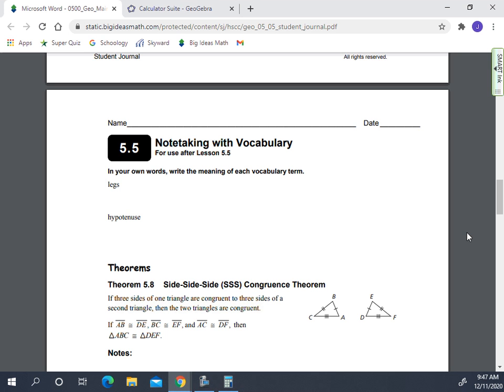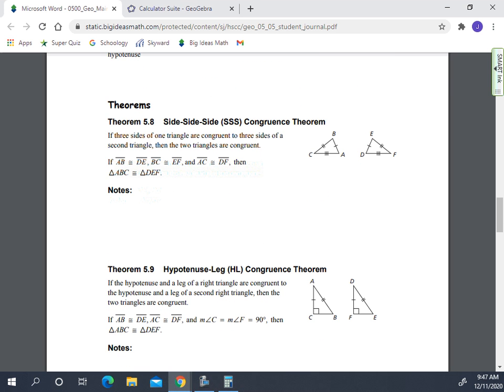A few definitions and theorems that we'll be working with. Side, side, side. Right, so these are the basics of this lesson. If three sides of one triangle are congruent to three sides of the second triangle, then the two triangles are congruent.